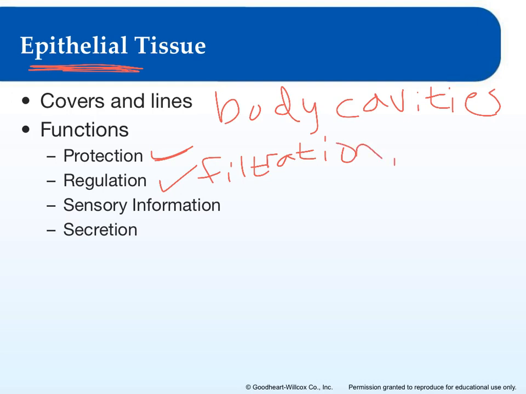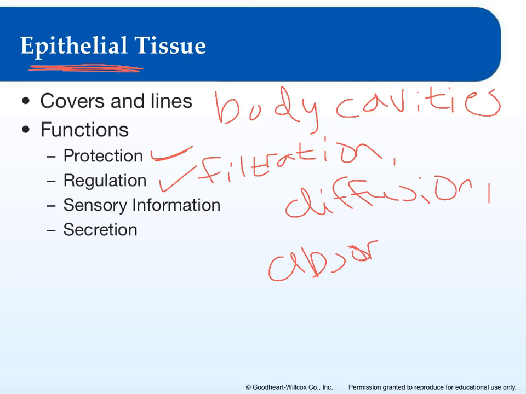So it can do filtration, it can do diffusion, which remember also is your passive movement of things back and forth. Okay, it also can do absorption. So in particular, if you think about the intestines, it can absorb the nutrients through those epithelial cells. So by regulation there, that's how it can regulate things.